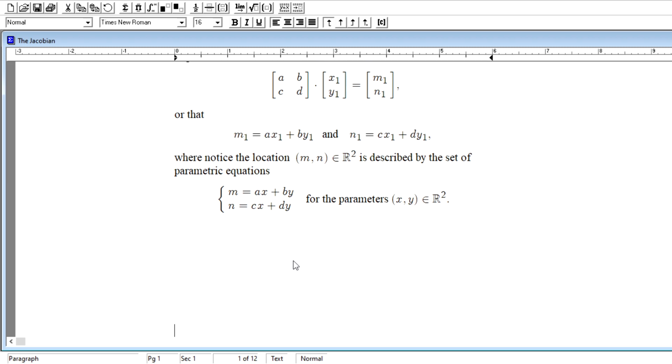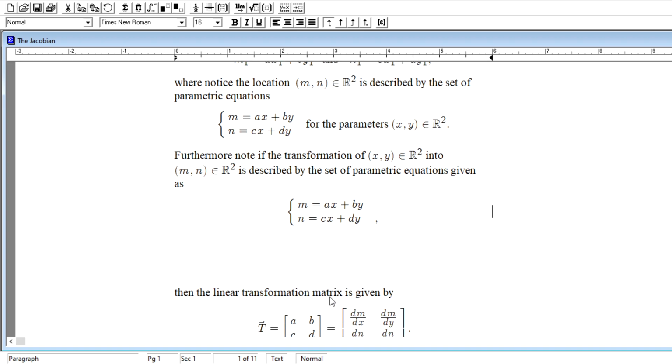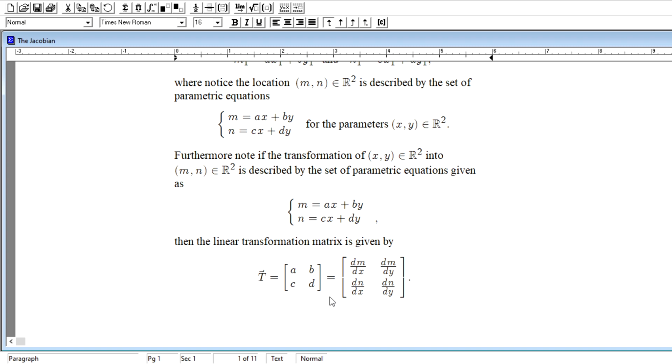Now, furthermore, if we take note, if the transformation of xy into mn is described by the set of parametric equations given by this parameterization, then the linear transformation matrix, which we might point out is given by T bar equal to this, A, B, C, and D, is equal to what we would think of as these values here.